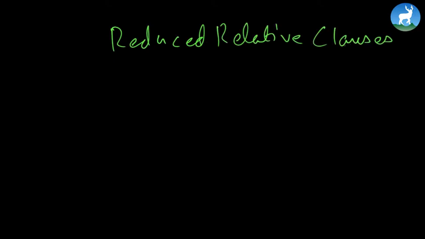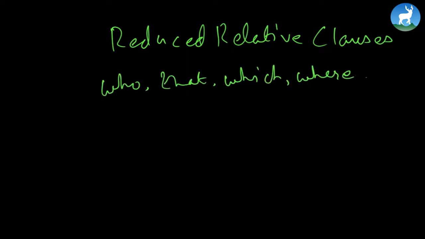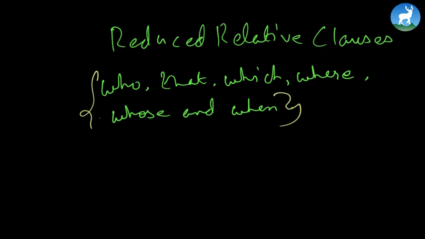Meaning, here we are not using relative pronouns, which are who, that, which, where, whose, and when. We can do this without using these relative pronouns, and that's why we call it a reduced relative clause.